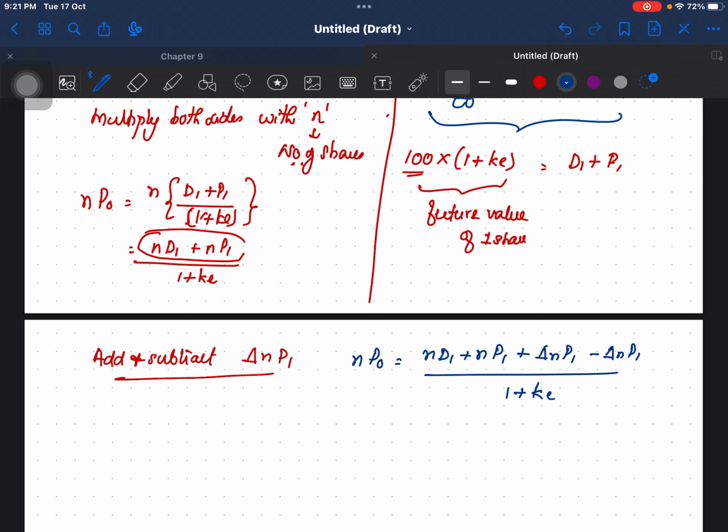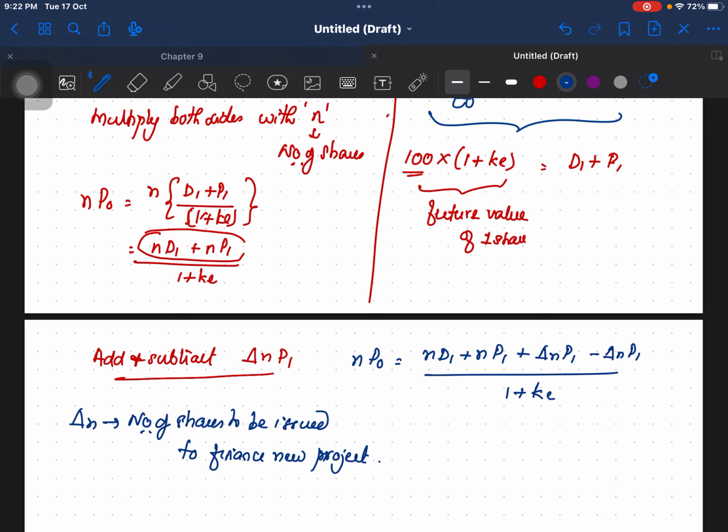Now you might ask me, what is delta nP1? Delta n is the number of shares to be issued to finance a new project. You want some money to do a project, and for getting that money you have to issue some shares or use your retained earnings, whatever be the case.